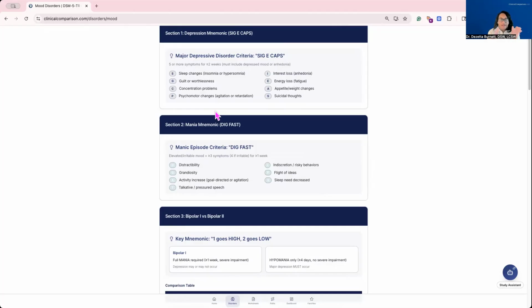Another thing I want you to keep in mind is that it's 1 week or more, any duration if hospitalized. So let's say someone gets hospitalized for elevated mood, that automatically meets the duration, even if it's only been 3 days.